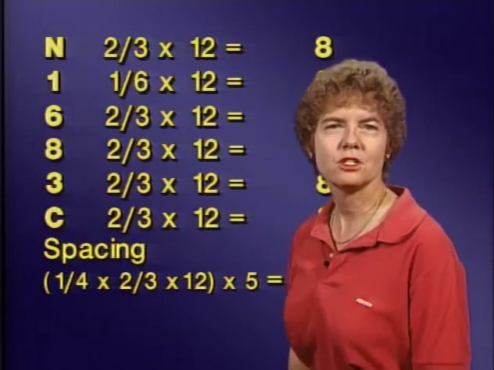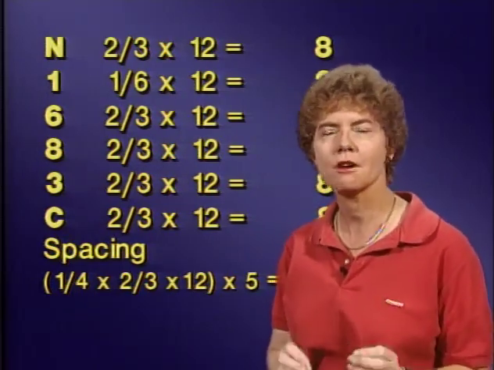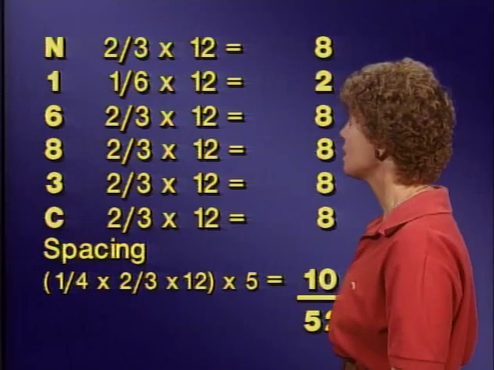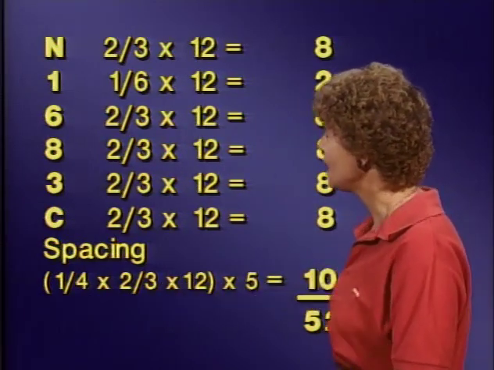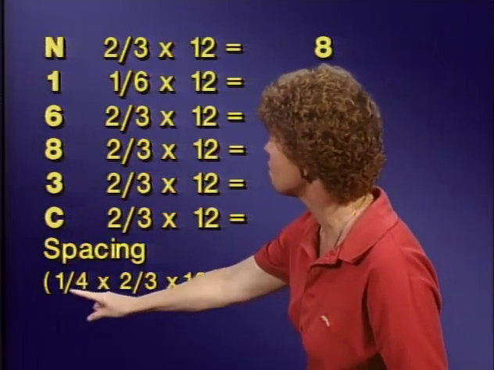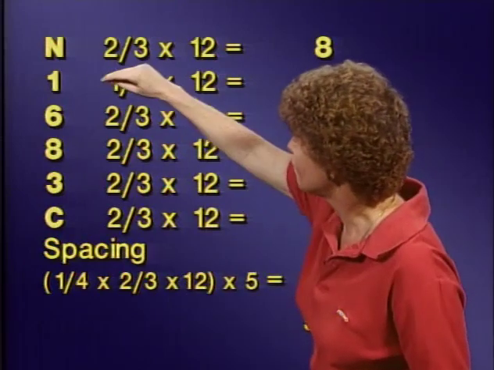Now, how about the spacing between them? The spacing has to be 1/4 of the character width. The character width is 2/3 of the height. 2/3 of 12 is 8, and for the spacing we need 1/4 of that. 1/4 of 8 is 2, and we have 5 spaces.